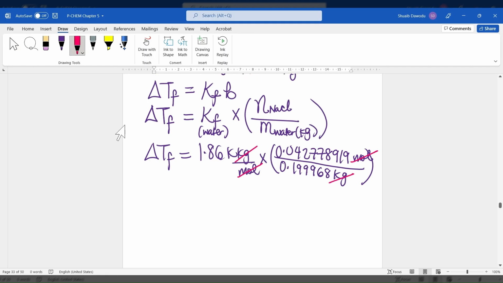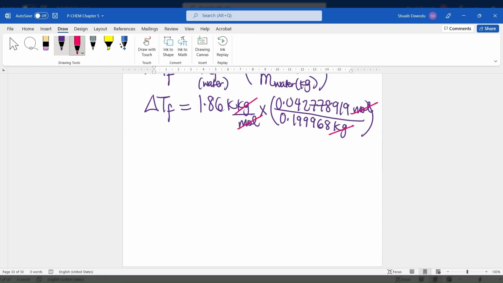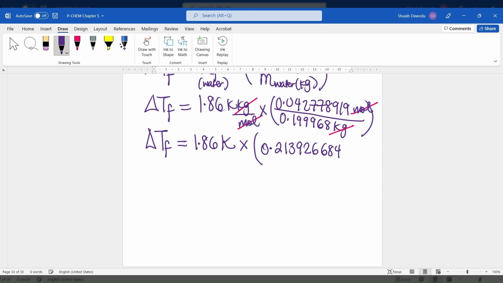So we end up with change in T sub F is simply 1.86 Kelvin multiplied by 0.04277891 divided by 0.199968, which will simply give you 0.213926684.